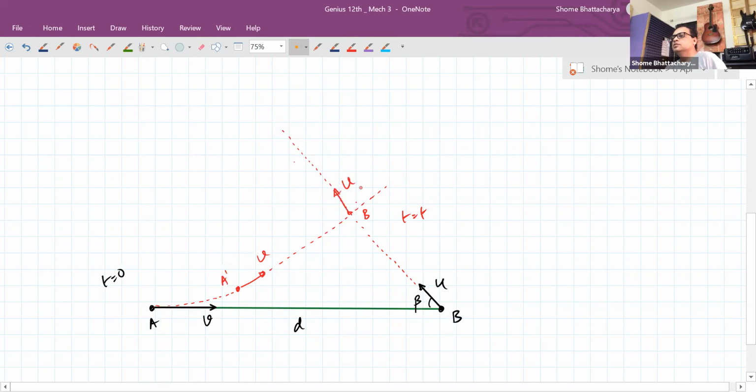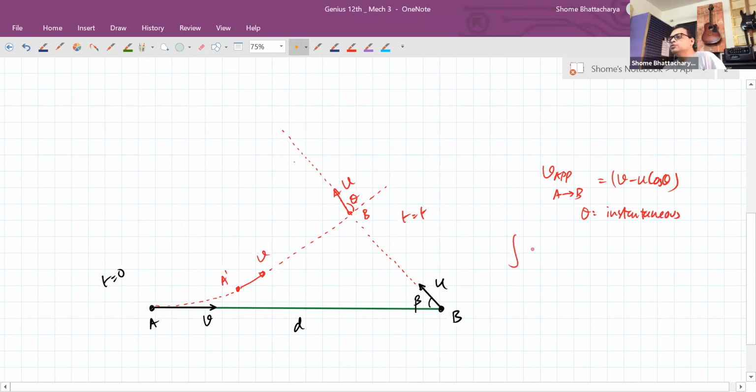This u is like this, and this angle theta is like this. So at this particular instant, the approach velocity of A towards B is v minus u cos theta, where theta is instantaneous, so it is changing with time.